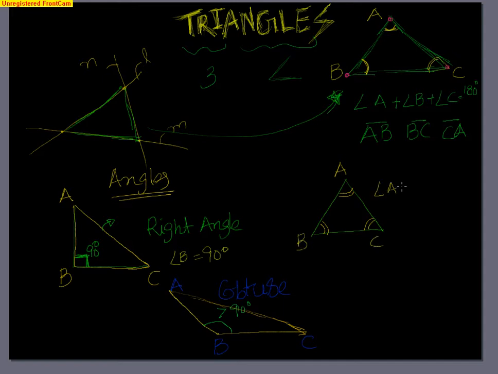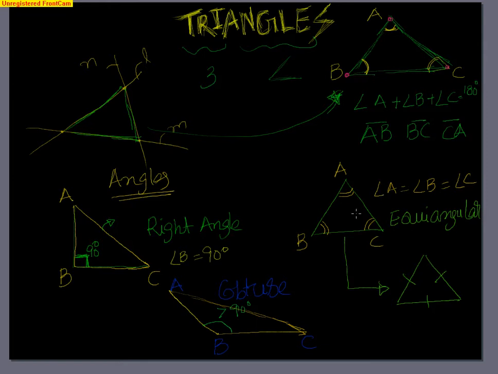Angle A is equal to angle B is equal to angle C. Then this triangle is known as equiangular triangle. Can you now tell me how this is related to equilateral triangle? Yes, you are right. All equiangular triangles are equilateral triangles.